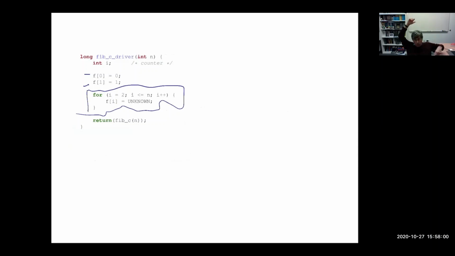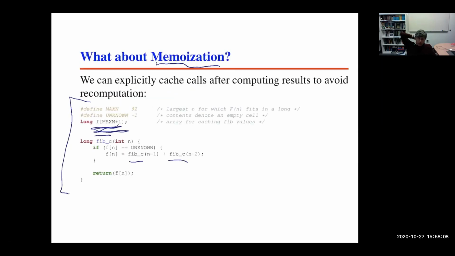When I ask to compute fib of n, it's going to start going through this recursive operation. If f of n is unknown, then I'm going to have to compute it. And what am I going to do? I'm going to call fib of n minus 1, fib of n minus 2. Once I have that, I'm going to store that in fib of n.